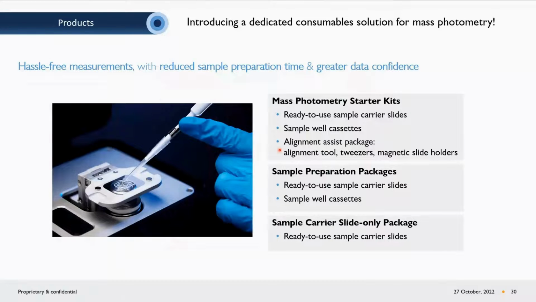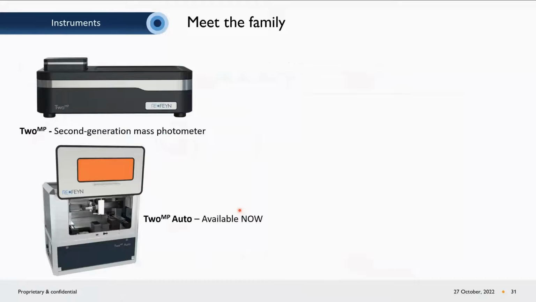We also provide consumables together with the system. So that would be the glass slide and the silicon sample well cassette. That means that you have hassle-free measurements, you have reduced sample preparation time and greater data confidence. Now, when it comes to the machines available with the automation, as mentioned, our current second generation mass photometer, the 2MP, is available inside the robot.